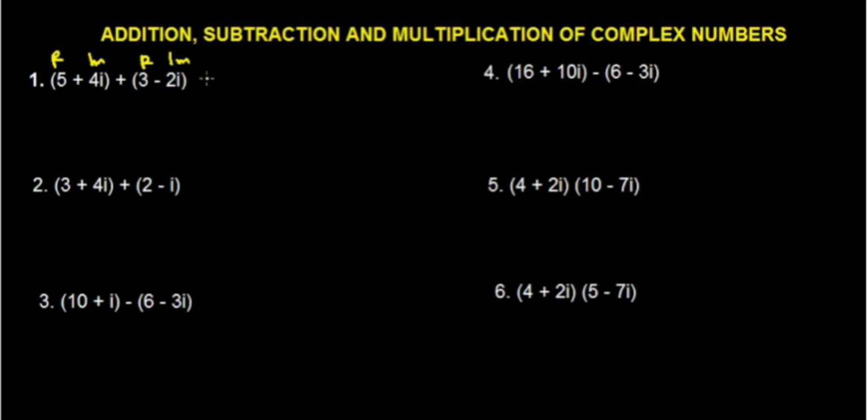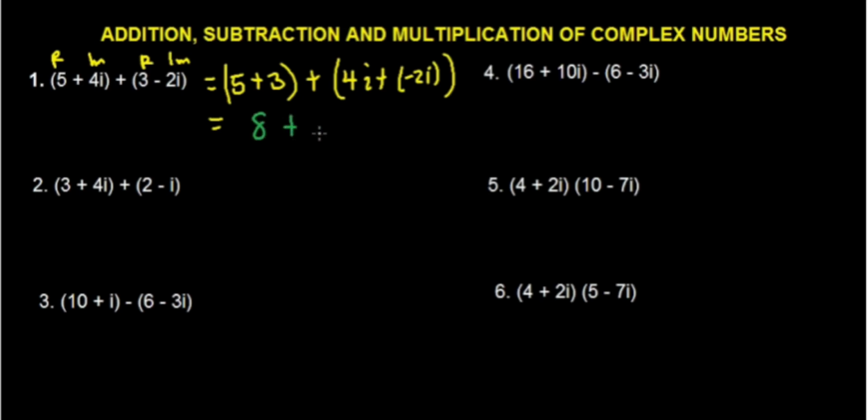So what you do is you just say 5 plus 3, plus 4i, plus you have minus 2 here, so that is minus 2i. So that will be your answer: 8 plus 4 minus 2, that's 2i, and that will be the answer for this one.